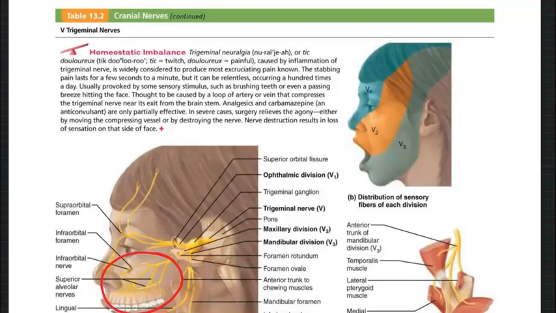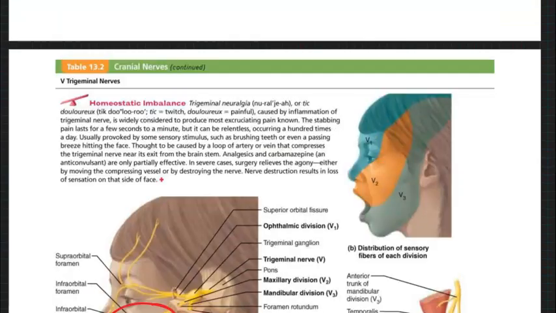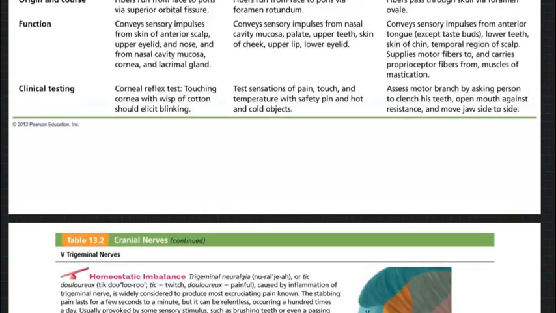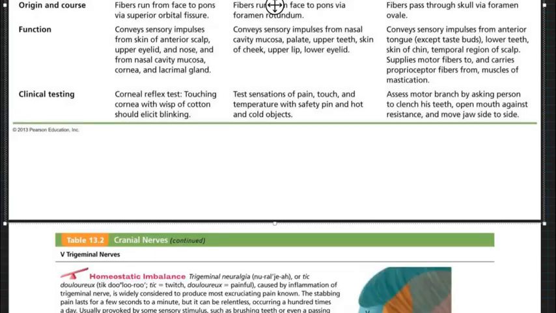You can check the corneal reflex, so basically you can check for sensations in the face. Or you can ask somebody to clench their teeth. Make sense?